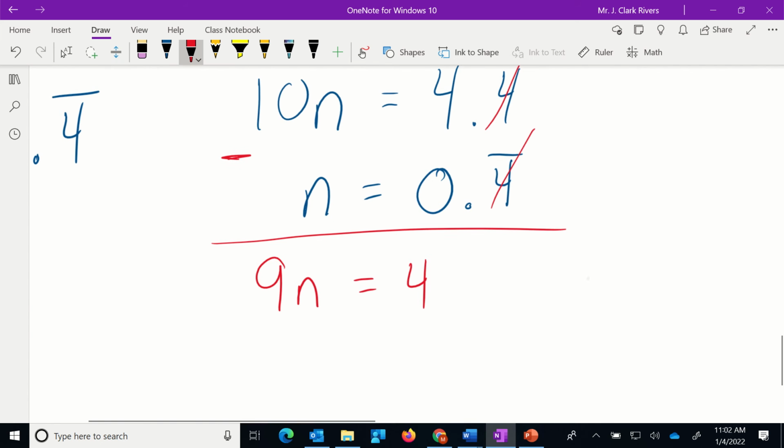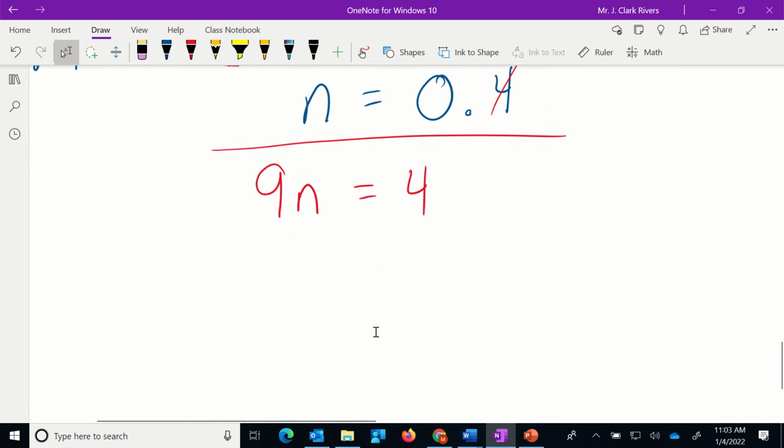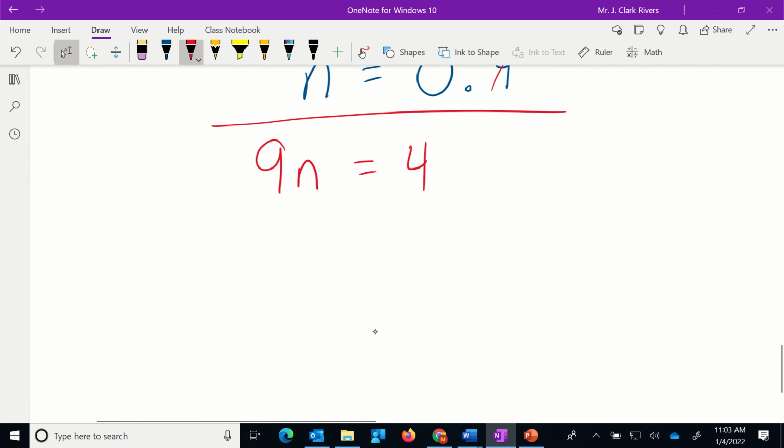Now remember, we said n is equal to the decimal we are trying to convert into a fraction. So n is right here. We want to convert n, or 0.4 repeating, into a fraction. So I want to solve for n. Any idea how I can solve for n? Kendall, what do you think? 9 times n. How can I isolate that n? Kendall, yeah. What's the inverse of multiplication?